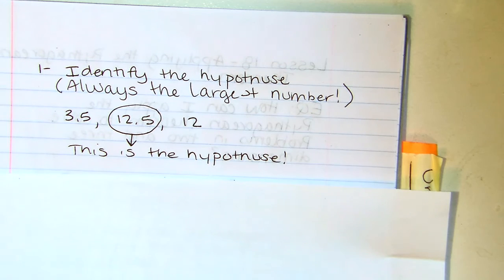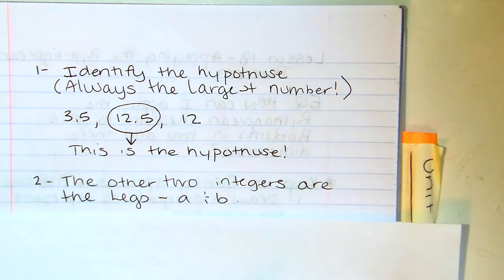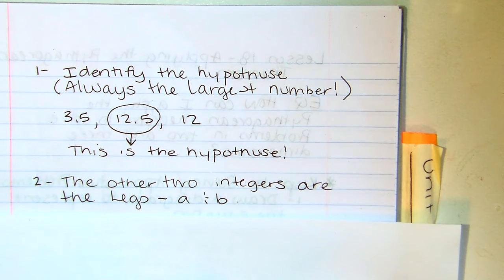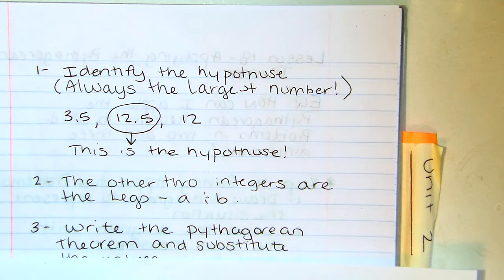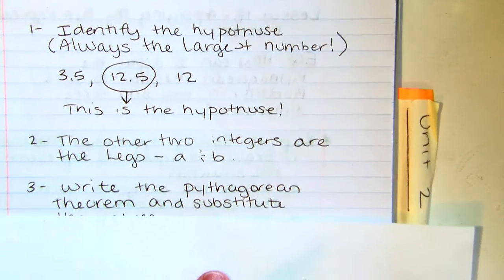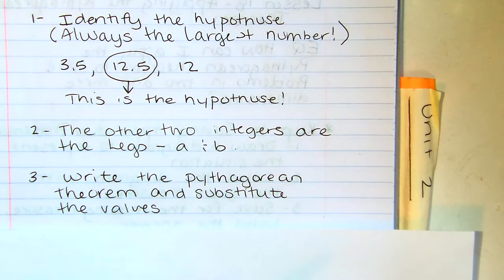Okay. Our second step is we are now going to label the other 2 numbers, 3.5 and 12, as the legs. So those are the A and the B of our formula. Next, we're going to write the Pythagorean theorem, and we're going to substitute those values.